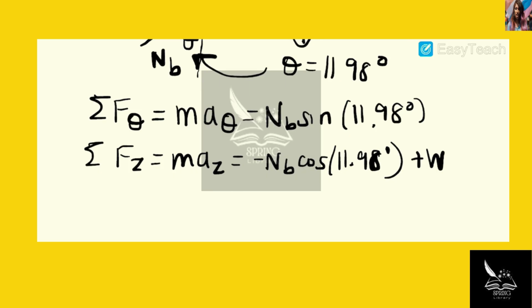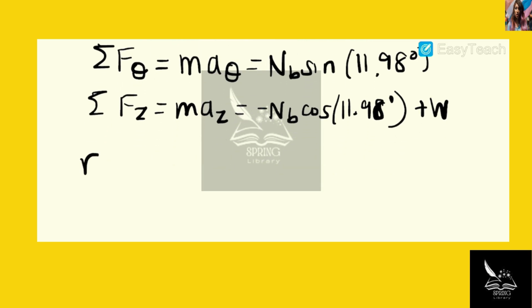Now we can go ahead and solve for accelerations, and the way we can do that is by using our knowledge of tangential, linear, and rotational motion in theta. We know our r is 1.5 meters, and that's going to be constant. Therefore, r dot and r double dot are equal to 0.